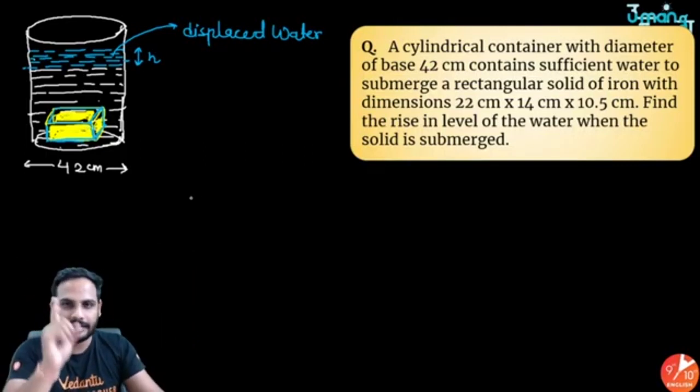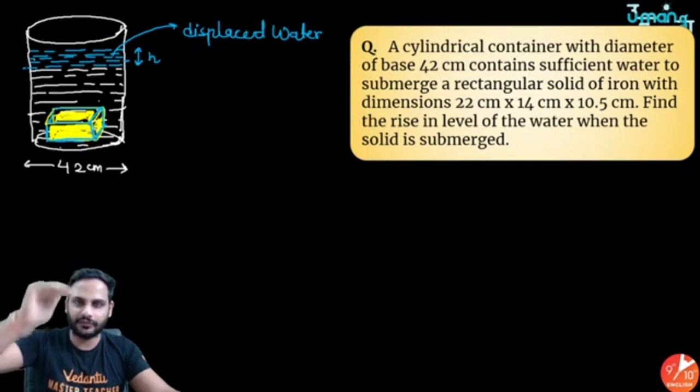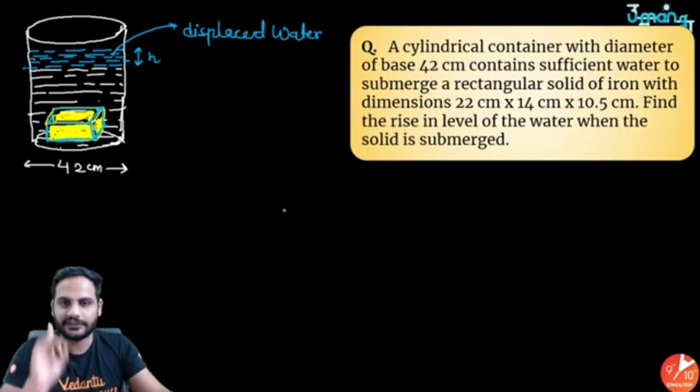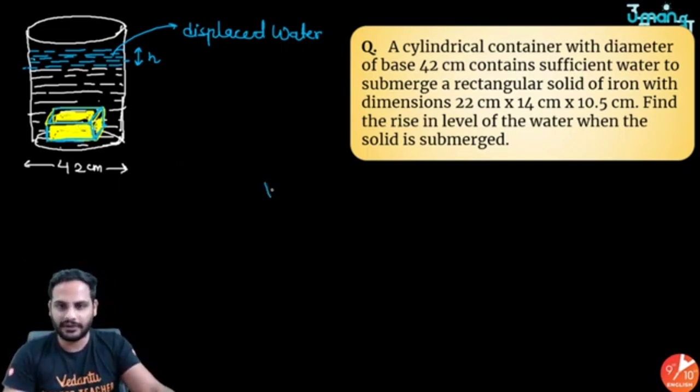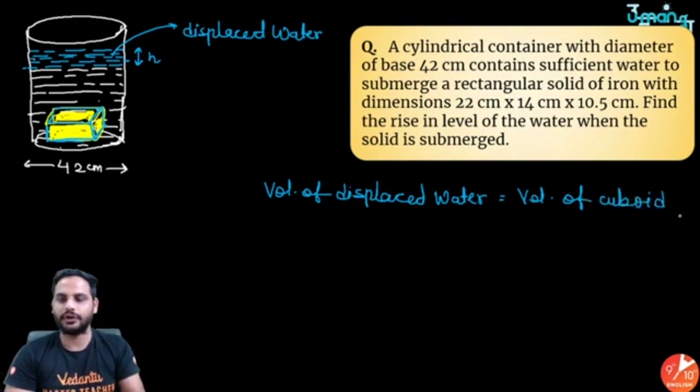So I can understand one thing which is very important. Remember, whenever this kind of question comes, when the water level is rising, this part is very important which you have to remember. Remember, volume of displaced water is equal to volume of cuboid. Volume of displaced water is the volume of whatever object you have dropped in.